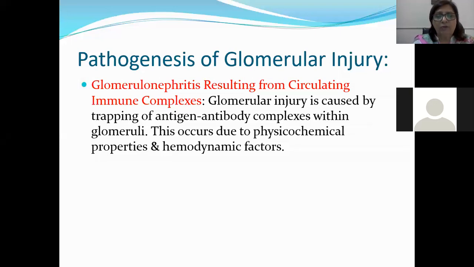As all of you know, the glomerulus has a filtration function, so the antibody-antigen complexes have to be filtered out. Some of them cannot be filtered out. If they are larger, they are going to be lodged on the glomerular basement membrane, and this is because of the physicochemical and hemodynamic factors.